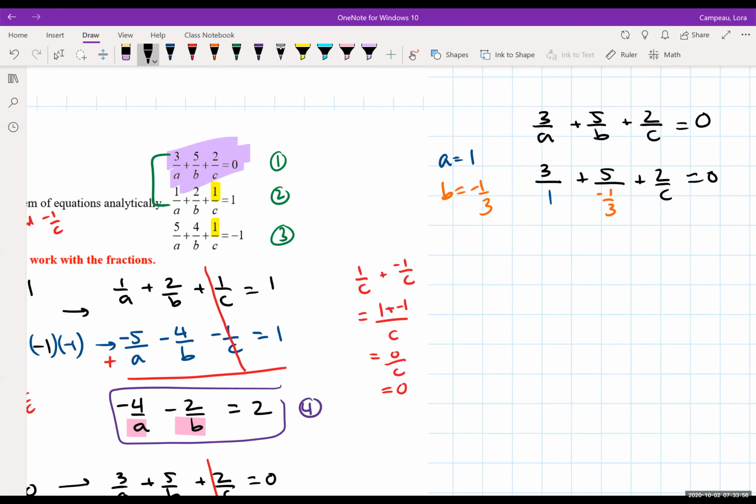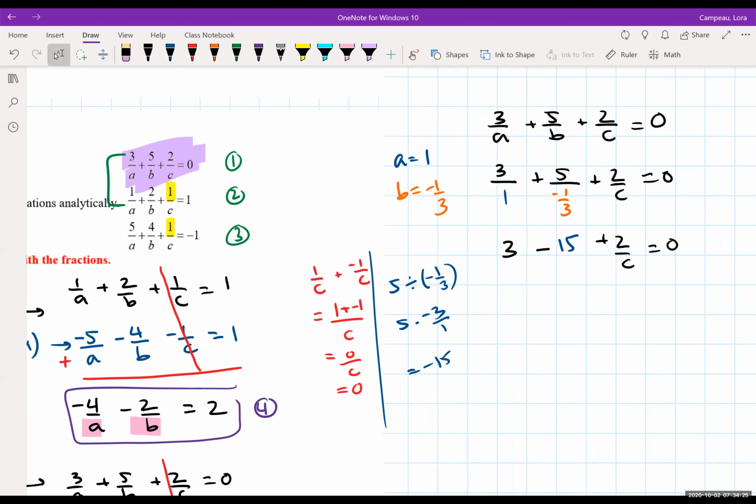Now we can clean this up a little bit. 3/1 is 3. 5 over negative 1/3, you could use your calculator, but we could work it off to the side: 5 divided by negative 1/3 is the same as 5 times negative 3/1, which is negative 15. So 3 minus 15 plus 2 over C equals 0.